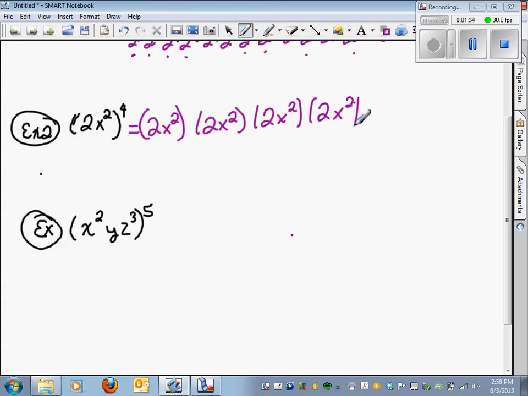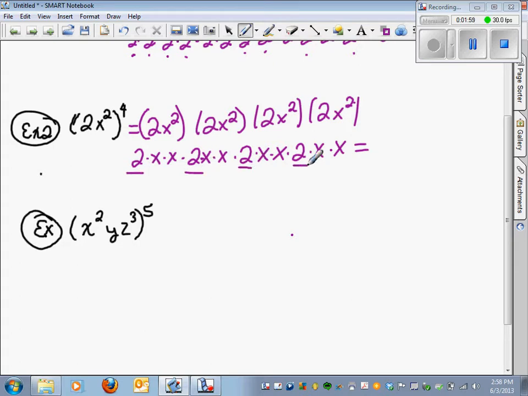Now, individually, each one of these things means 2 times x times x. And then another 2 times x times x, 2 times x times x, and then the 4th 2 times x times x. So completely expanded, we can see that we're actually multiplying 2, 1, 2, 3, 4 times.